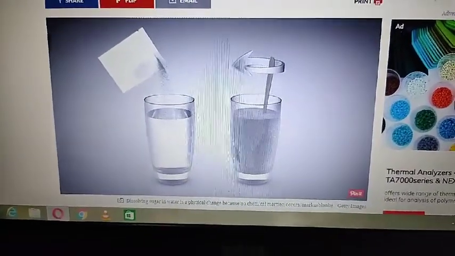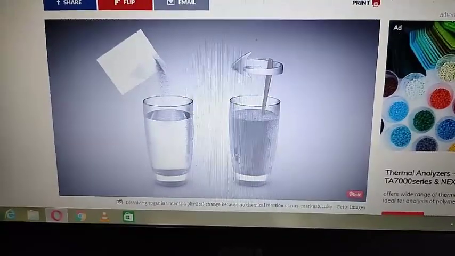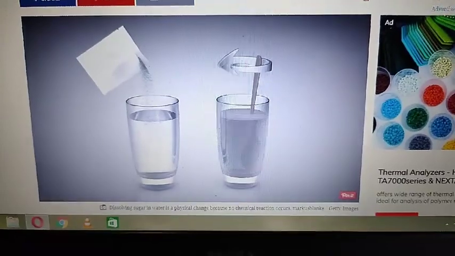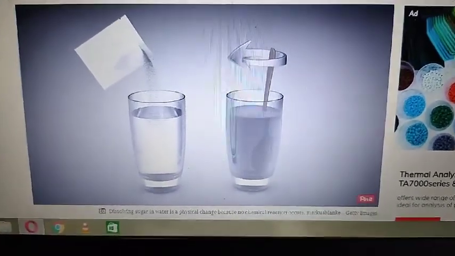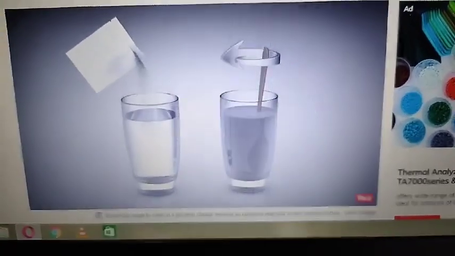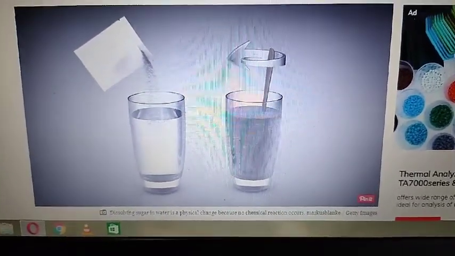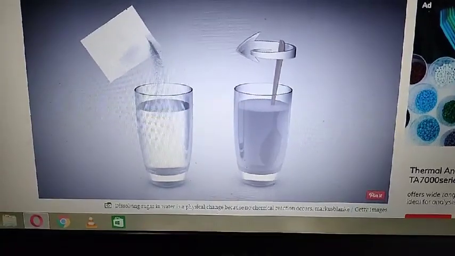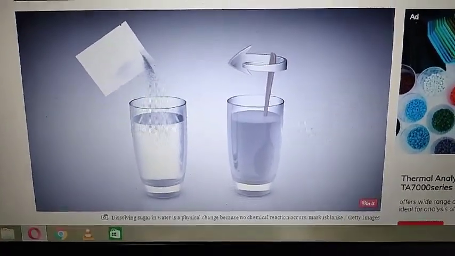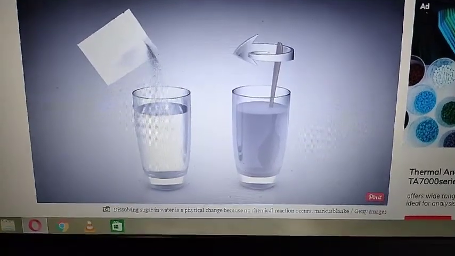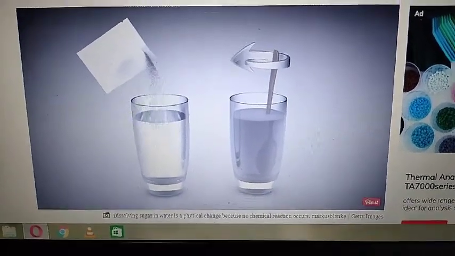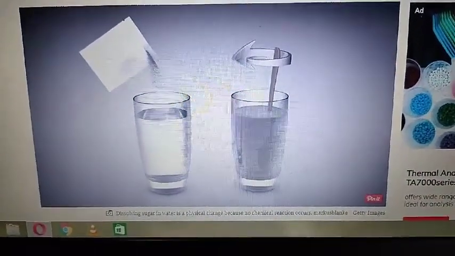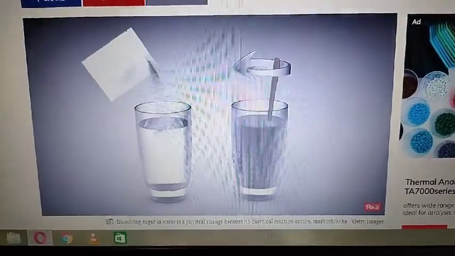Now the next topic is that dissolution of a solid in a liquid is a physical change. Yes children, like in this figure you can see we are taking sugar in a glass of water. If you take 1 spoon of sugar in a glass of water and stir it, it will dissolve in water easily, right?